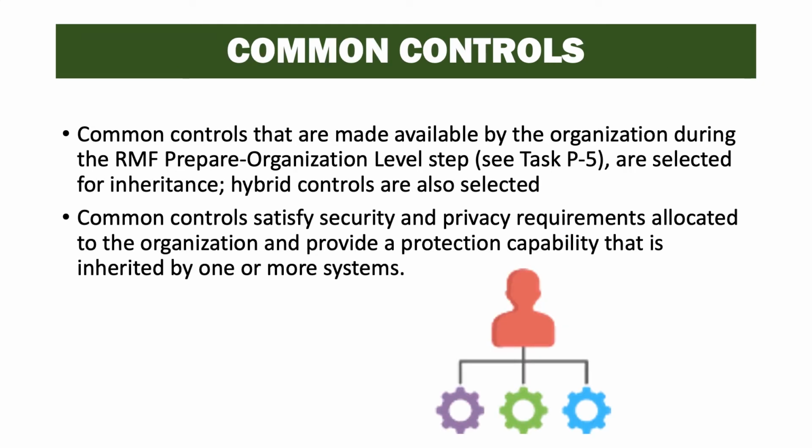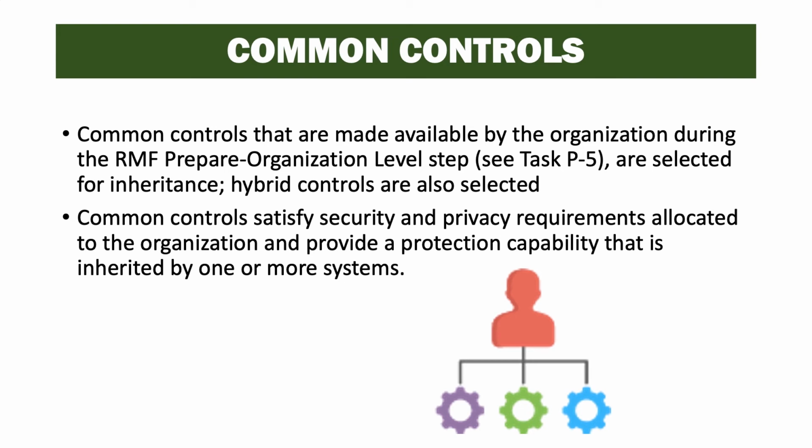Common controls that are made available by the organization during the RMF Prepare Organization Level step back in task P5 are selected for inheritance, and hybrid controls are also selected. So remember, if the common control doesn't provide the protection level that's needed by the system owner, they can enhance that control by making it a hybrid control, where we get part of the control from the organization, from the common control, and part of the control at the system level.